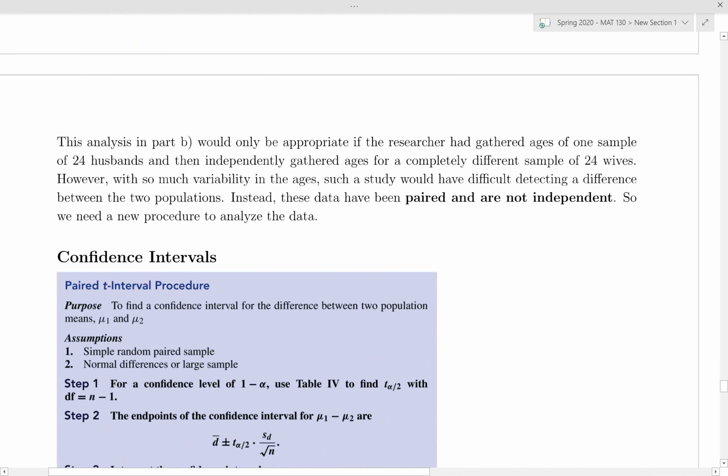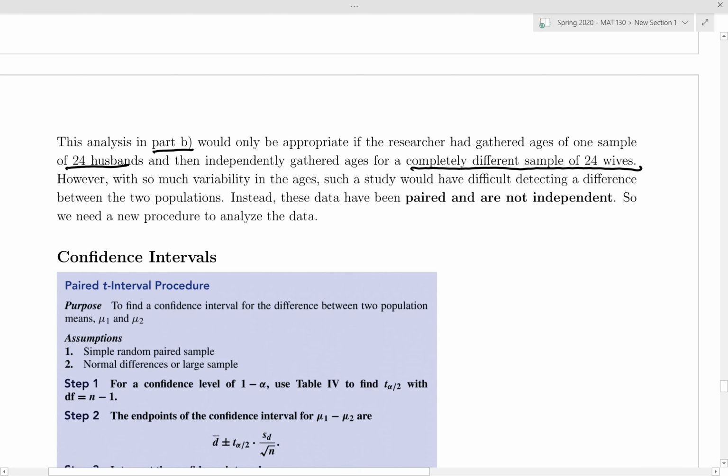All right. So again, the important point here in this particular example is that the samples are paired. The analysis that we did in B would have been appropriate if the researcher had gone out, gathered one sample of 24 husbands, and then gone out and independently gathered a completely different sample of 24 wives.